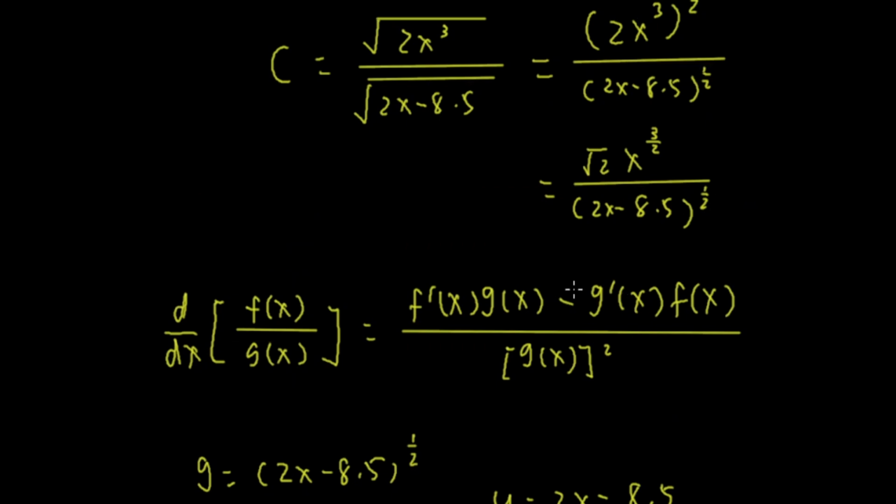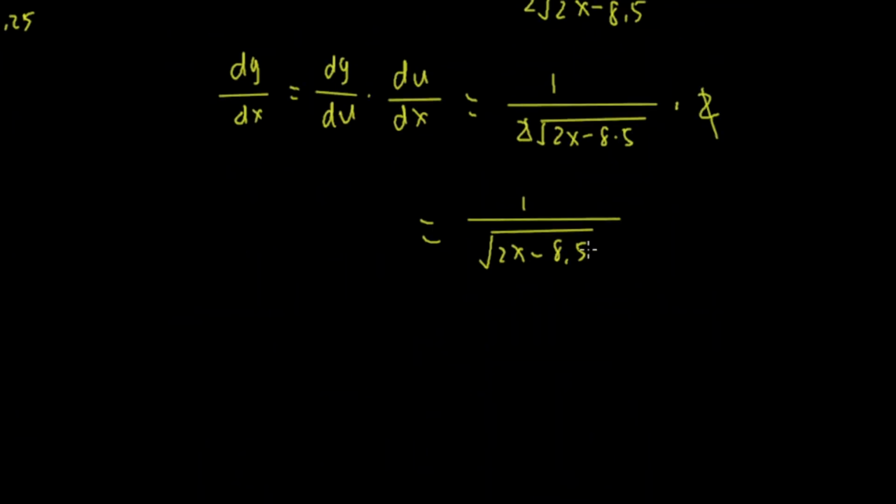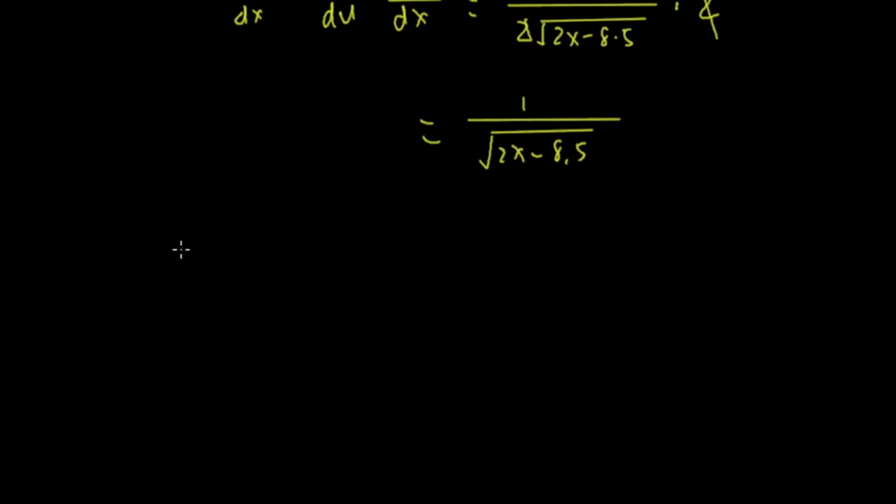Okay. And what's the derivative of this one here? So the derivative of square root of 2x to the power of 3 over 2 would be 3 over 2 times square root of 2x to the power of 3 over 2 minus 1, which is 1 over 2.